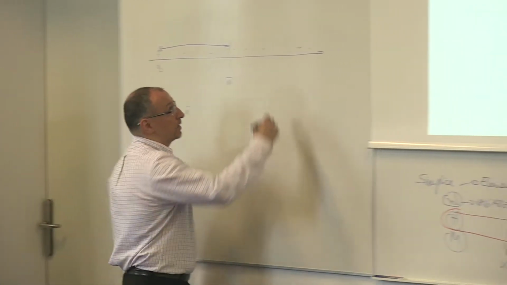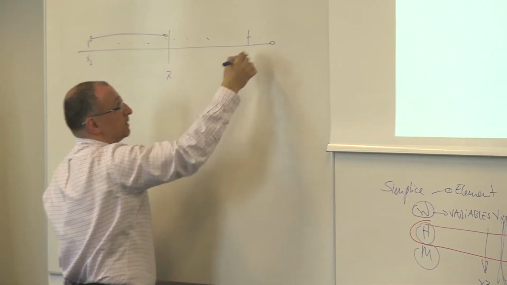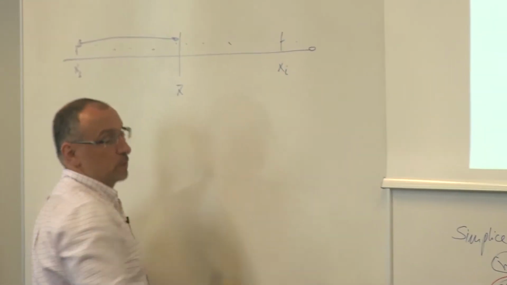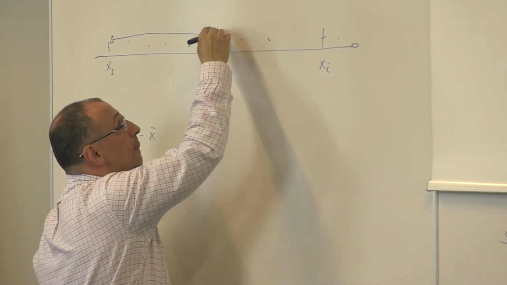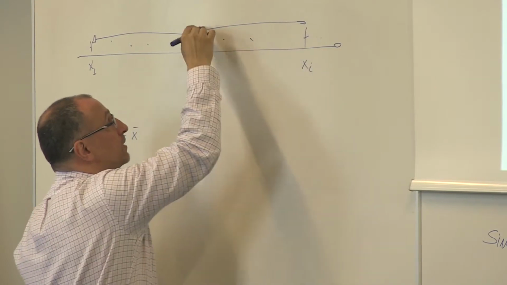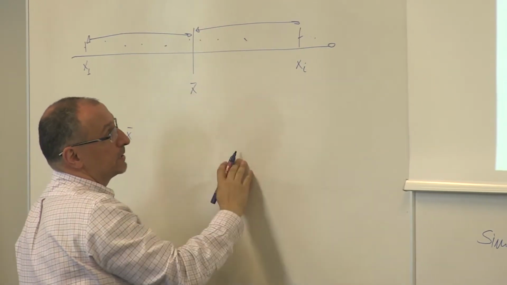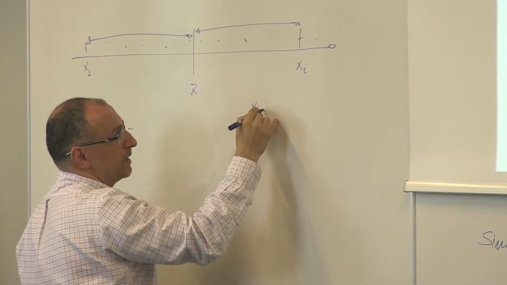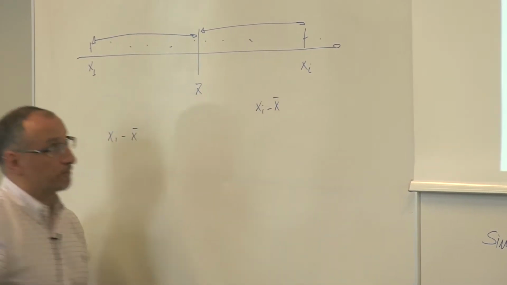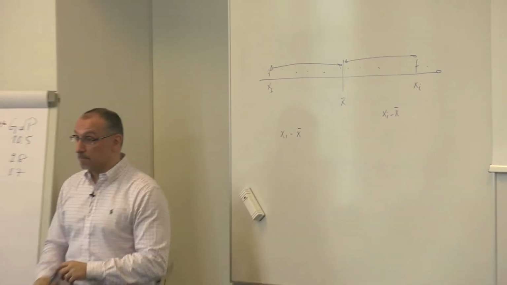I could do the same thing for all of the other points, namely this one. And I'm just going to call this one xi. Now, if I do the same thing and look at the distance, here I would have xi minus x bar. Okay?